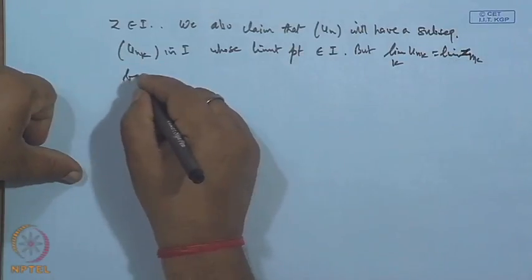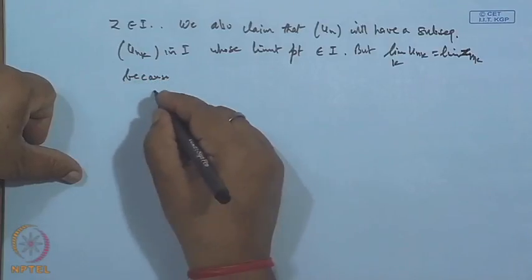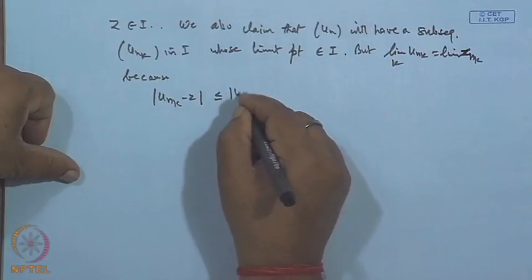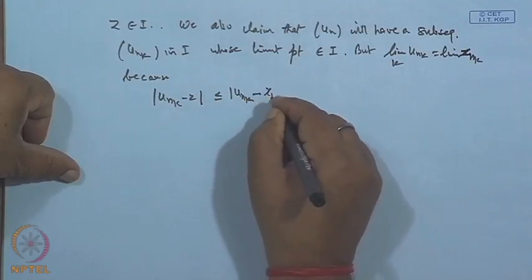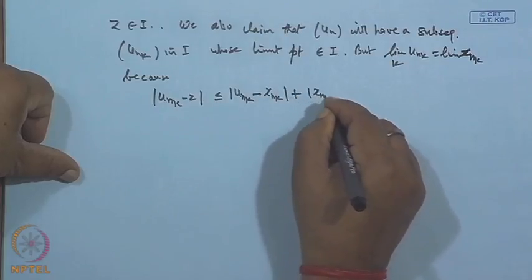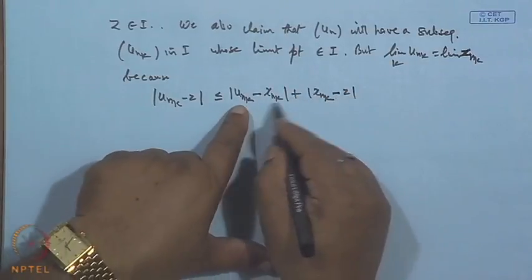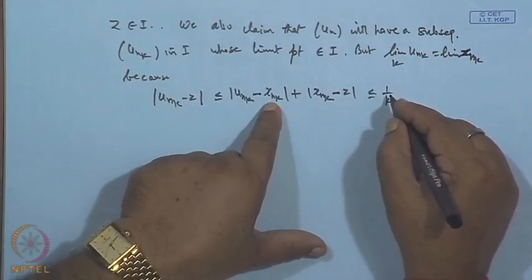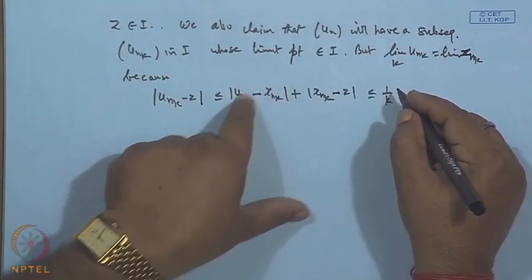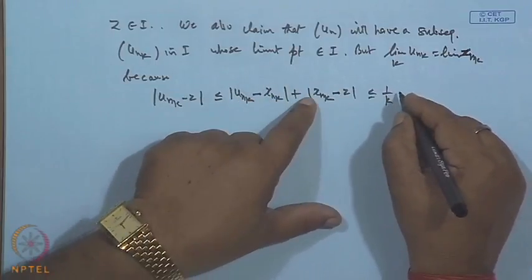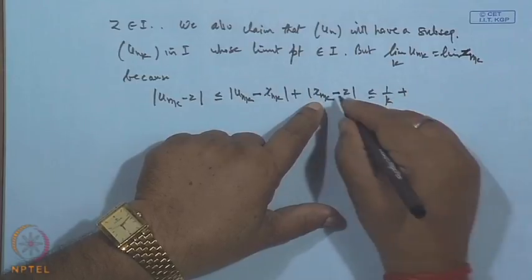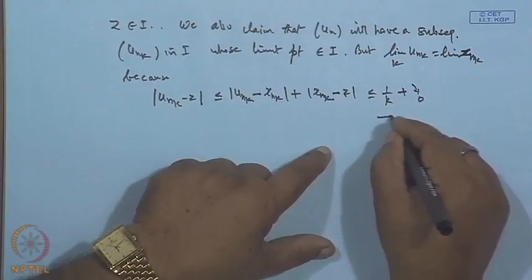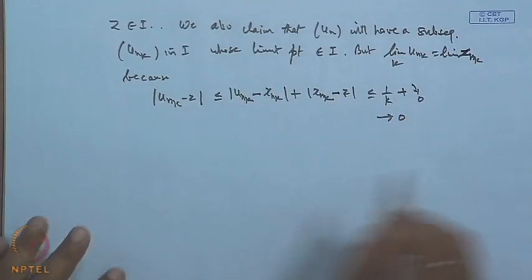The reason is that if I consider u_{n_k} minus z, this can be written as u_{n_k} minus x_{n_k} plus x_{n_k} minus z. Now, this first term is less than or equal to 1/k by the condition we are choosing, because both are in I and we choose the neighborhood in such a way. And x_{n_k} converges to z, so this goes to 0. So the total tends to 0. Therefore, both will have the same limit point.